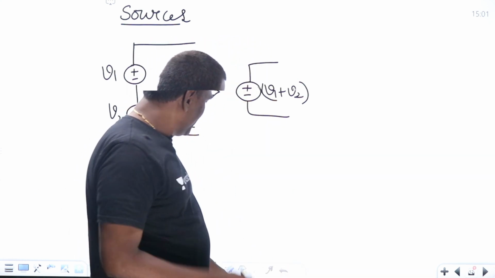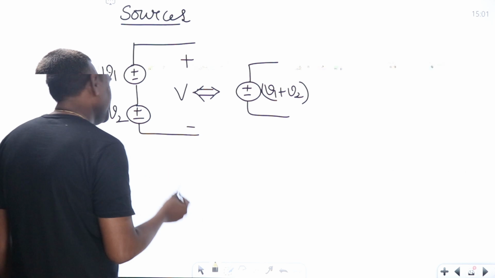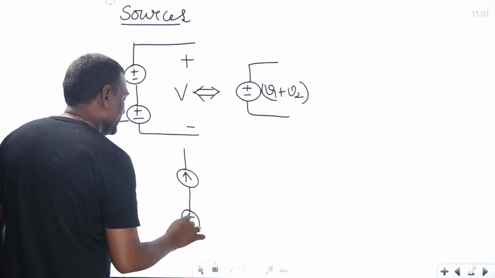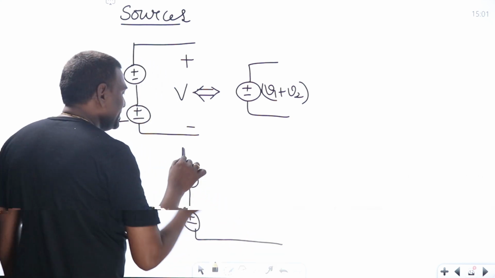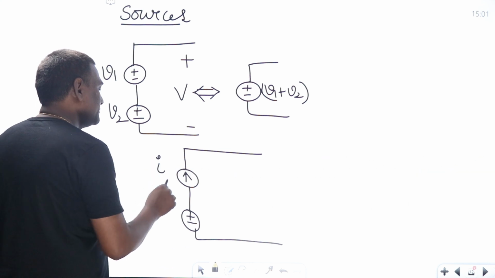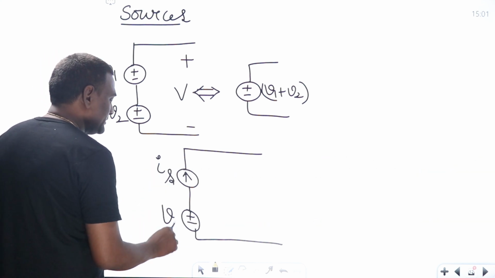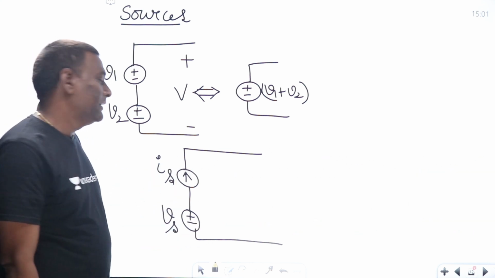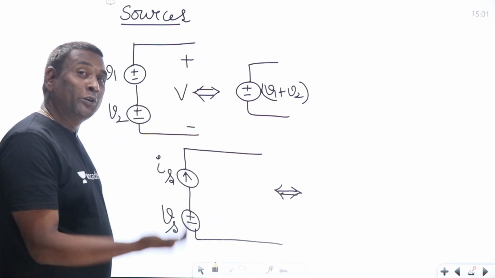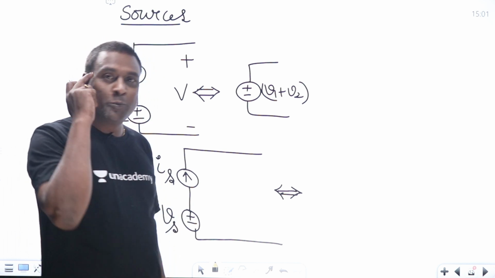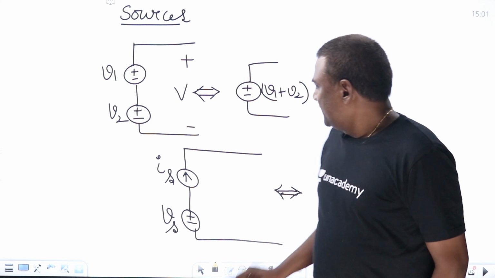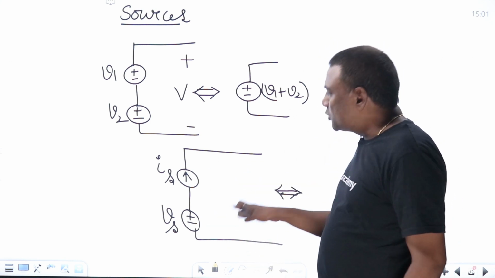But the point to be considered here is, if I have one current source and one voltage source. Again, if something is being asked inside the system, we should be careful. Let me think of this as source current and this as source voltage. What should be the equivalent for this? Depending on this, we are going to derive one conclusion, and that should be kept in mind all the time. If I have this particular thing, what should be the output?